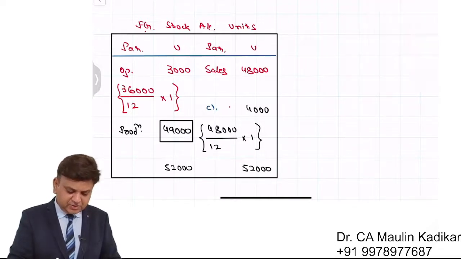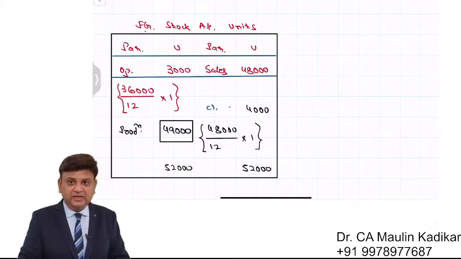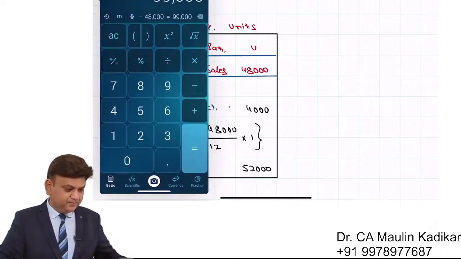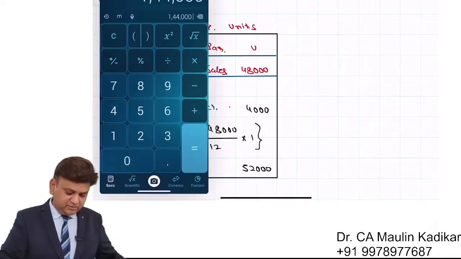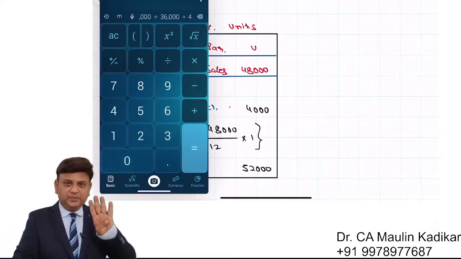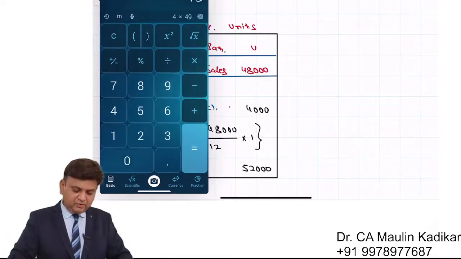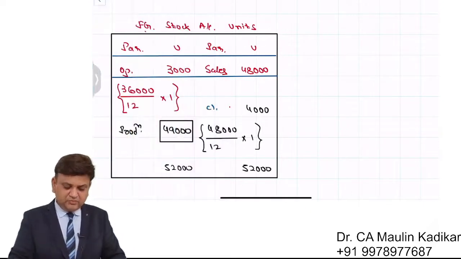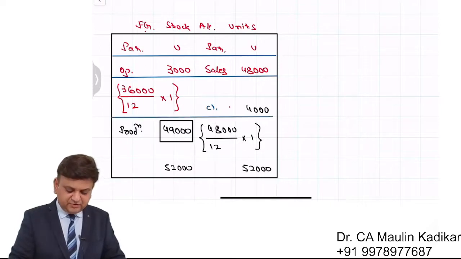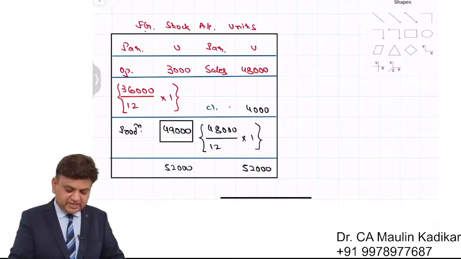So if the production is 49,000, listen carefully: 1,44,000 divided by 36,000, the cost is 4 rupees per unit, into 49,000 units produced. That comes to 1,96,000. So students have a point that we should have a raw material consumption of 1,96,000 instead of 1,92,000.